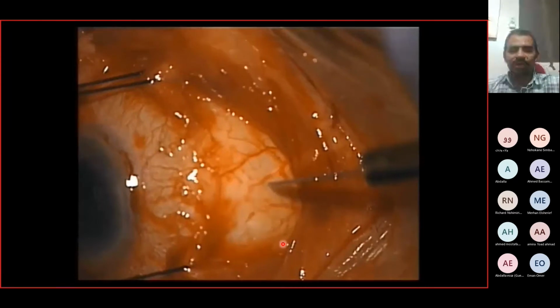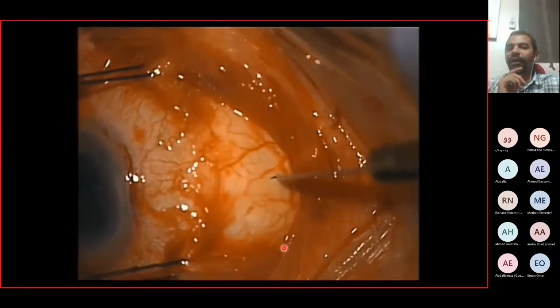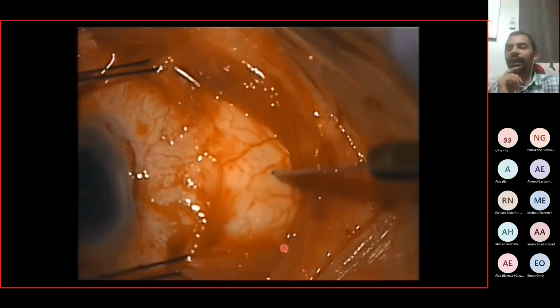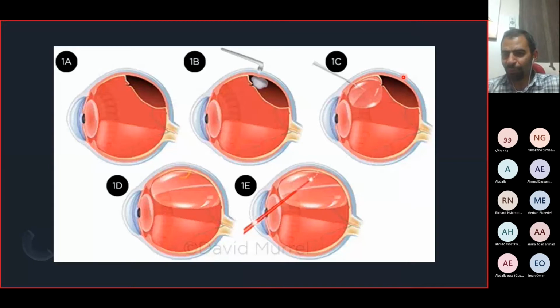This is how we do the drainage of the subretinal fluid. In cases where we will put a scleral buckle, we may want to do what we call drainage of subretinal fluid. So you cut through the sclera in order to get access to the subretinal fluid, so that the fluid will drain.